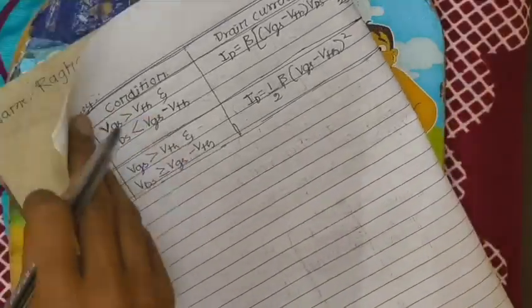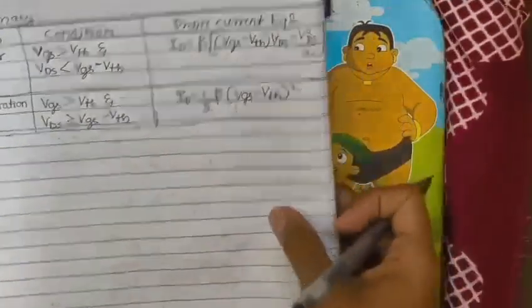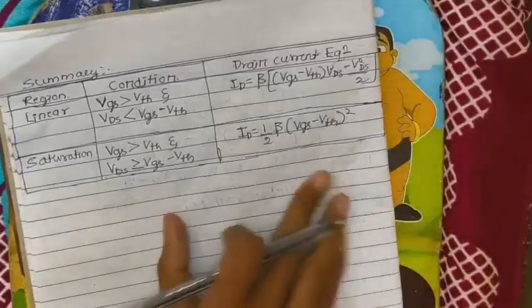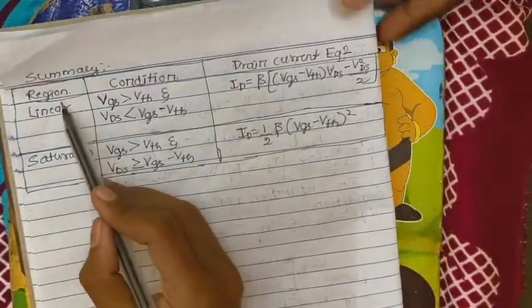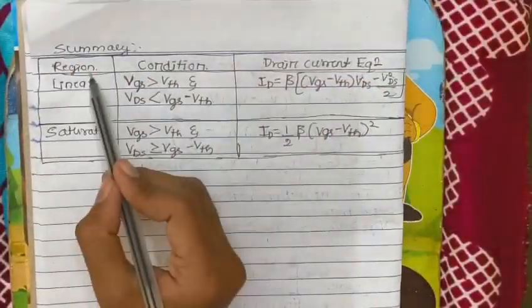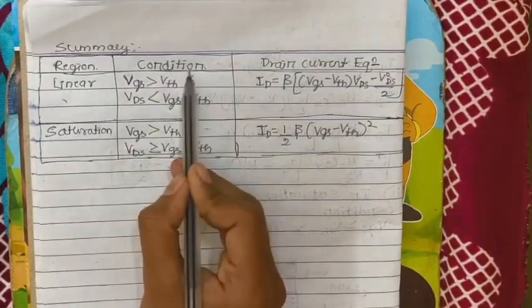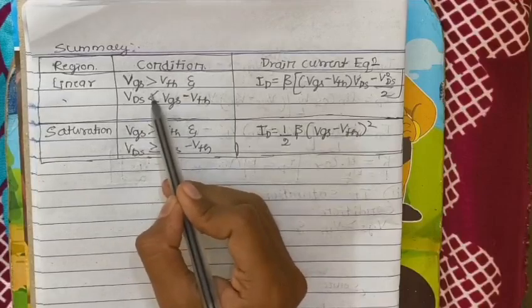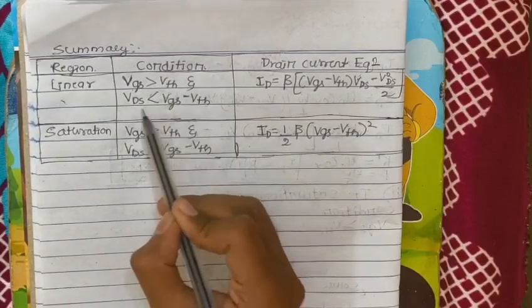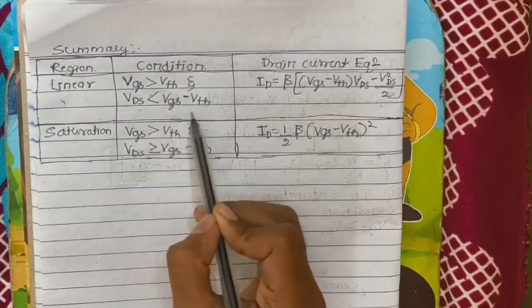And this is the summary of the 3A equation. In the linear region, the condition is VGS is greater than VTH and VDS is less than VGS minus VTH.